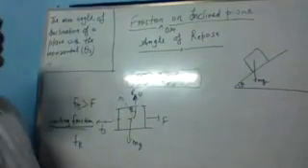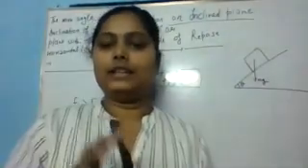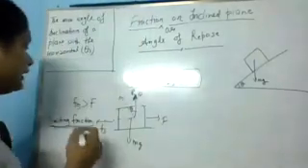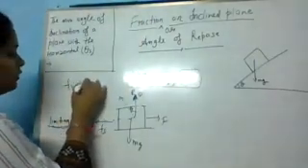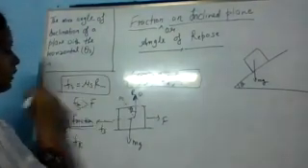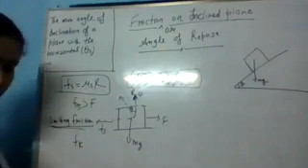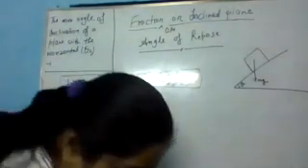We also discussed the relation between the reaction force and the static friction. So Fs equals mu s R. That was the formula, where R is the reaction force and mu s is the coefficient of static friction.